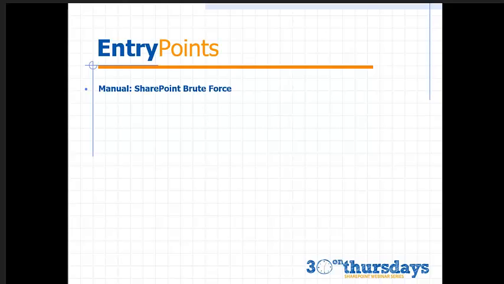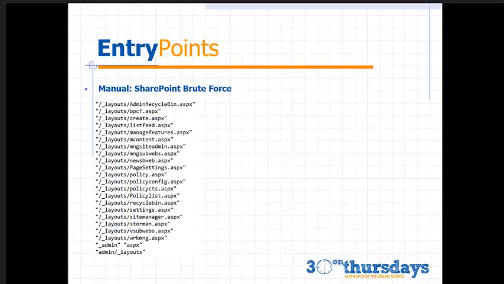Now SharePoint has what we call SharePoint brute force URLs that everyone who works with SharePoint slowly gets to know. So for example, there's a list now. These are some of the lists. Notice the underscore layouts pages. These are entry points, and these are the administration entry points that you would try to get to. So for example, you may know underscore layouts/settings.aspx.